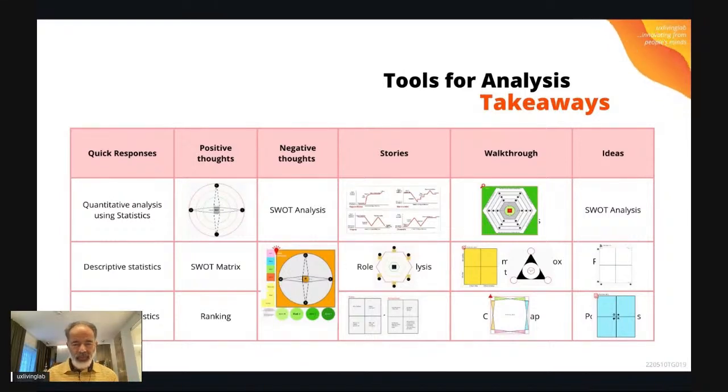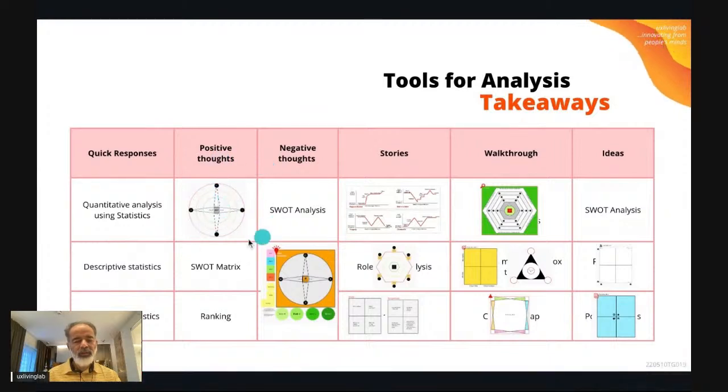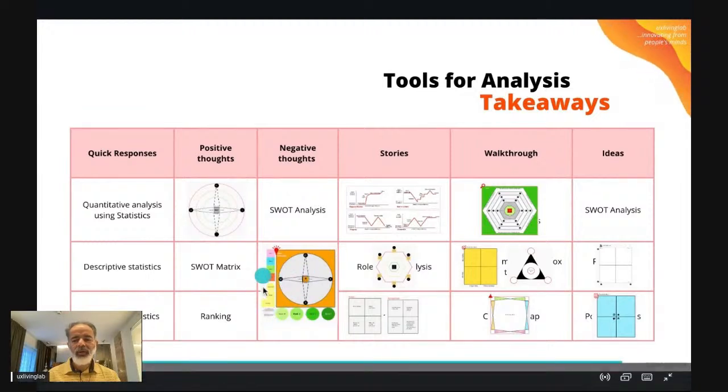So what are the takeaways? As I said, there are quantitative methods. Quick responses are based on quantitative methods. There is quantitative analysis using statistics, descriptive statistics, and inferential statistics. Then positive thoughts and negative thoughts using the same tools, that is sort analysis based on simple sort, then preparing the sort metrics and ranking based on comparative sort analysis, as I explained with these type of tools.